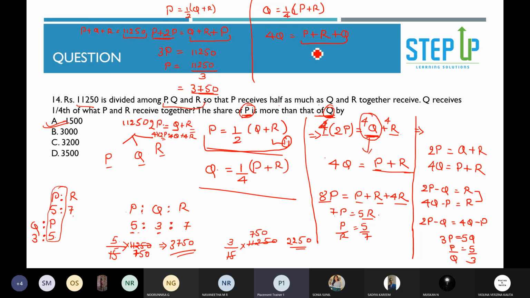Q. So if I add Q, this will become 5Q is equal to 11250 and Q is equal to 11250 divided by 5, which will be 2250. This is 2250 and then you can calculate.